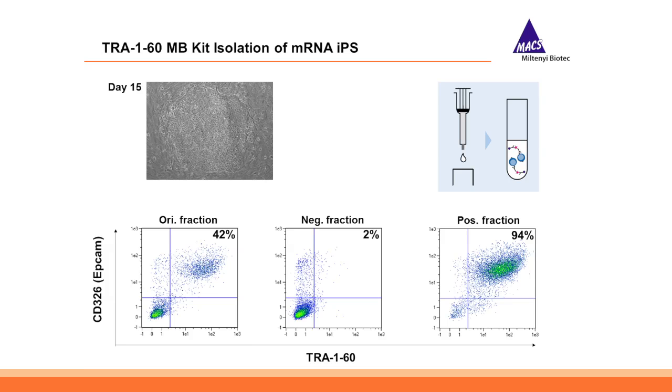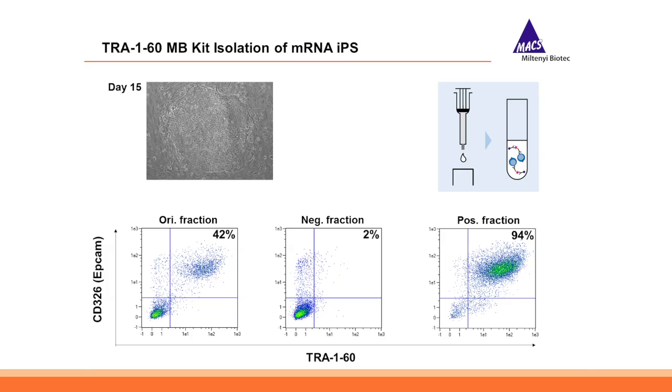The more efficient option to isolate the reprogrammed cells is to separate them. And this is one very famous technology for Miltenyi Biotec. Therefore, we have this TRA-1-60 MicroBead Kit for the isolation of mRNA iPSCs.